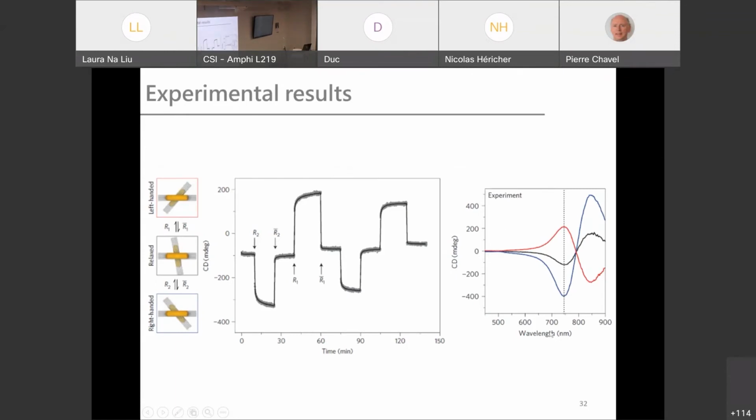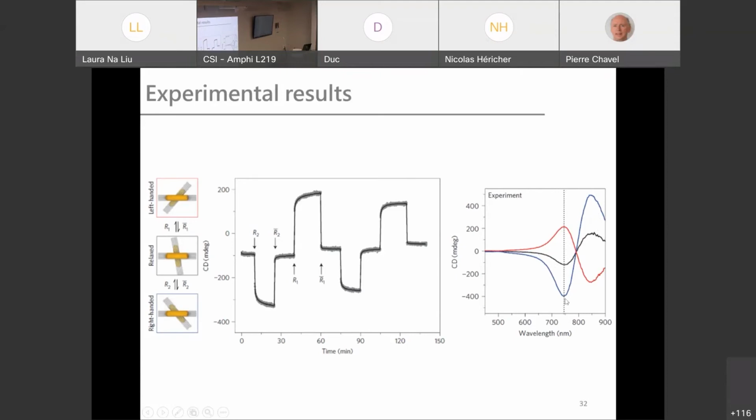Maybe we take a look at the 3 representative CD spectra first. The red curve represents the left-handed CD spectra. The blue one represents the right-handed CD spectra. So here, this black one represents the relaxed state.